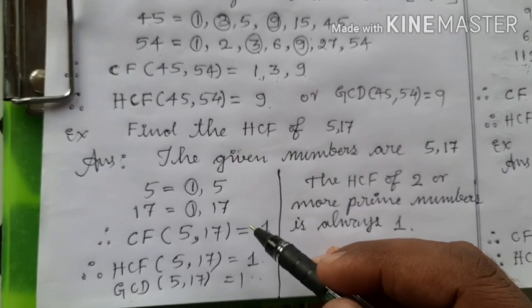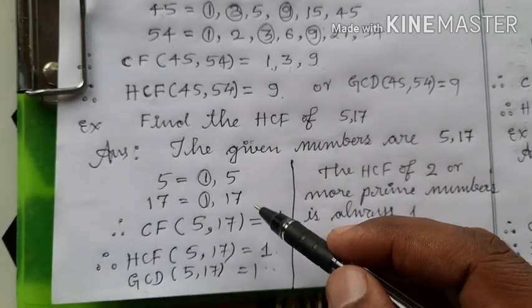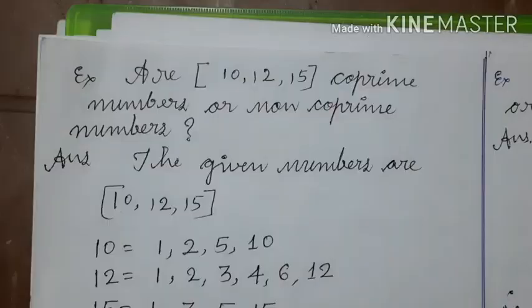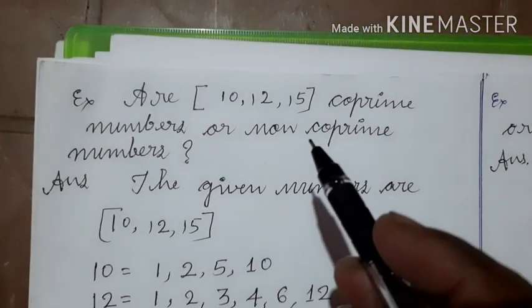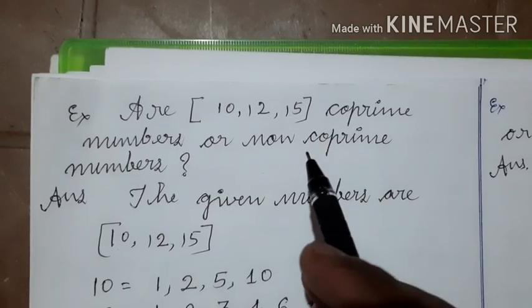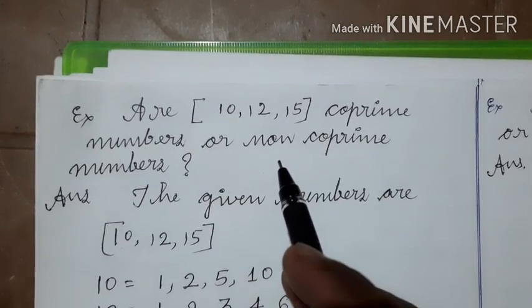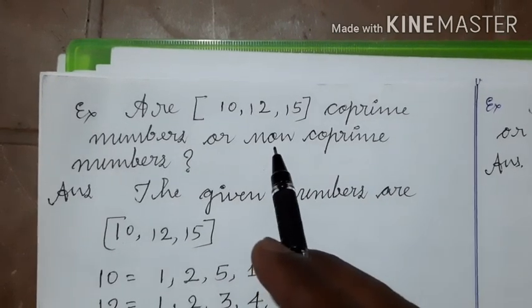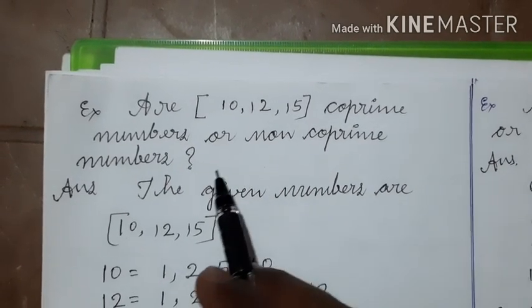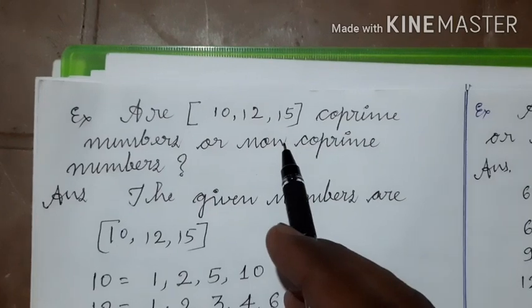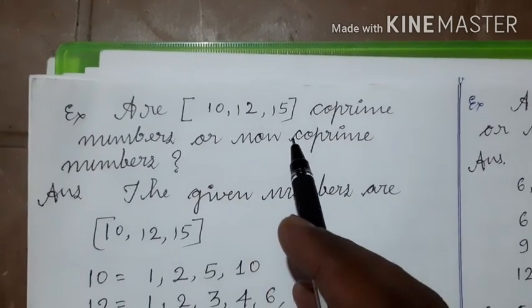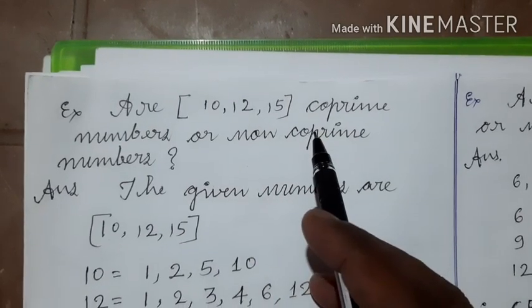If you understand this, okay. Otherwise, the further concepts will be difficult for you. So children, we learnt how to identify whether the given two numbers are co-prime numbers. If three numbers are given and we are asked whether the given numbers are co-prime or not, how do we find out?